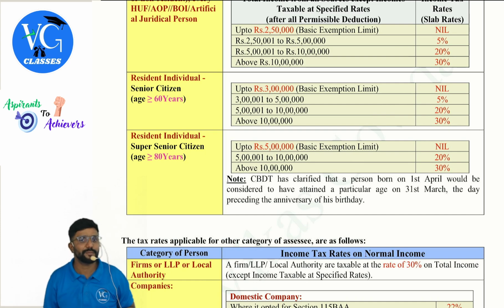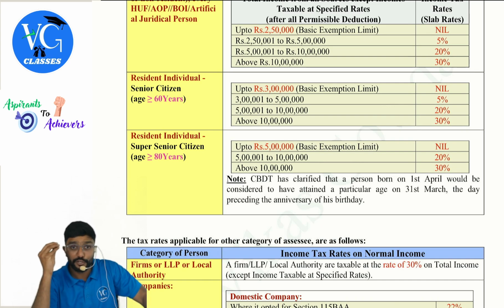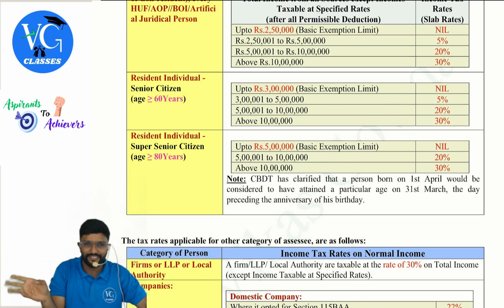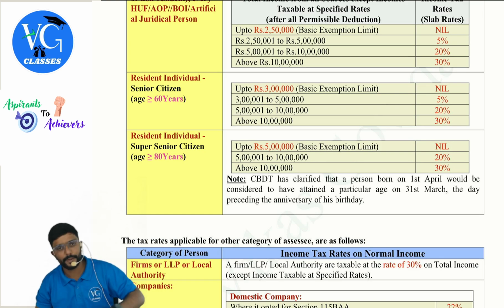This is a very rare case. Only then will this confusion come. In the rest of the cases, if you already crossed 60 and up, you are already eligible for 3 lakh. Already crossed 80, already eligible for 5 lakh. Enjoy. These are for slab rate assessees.